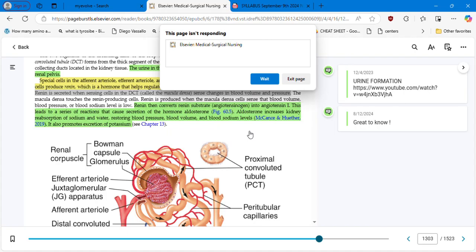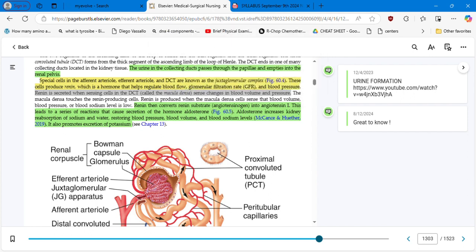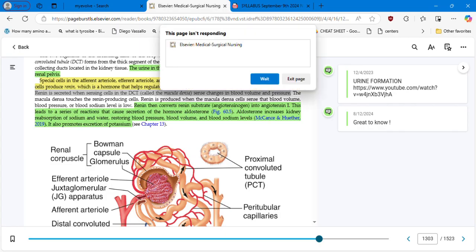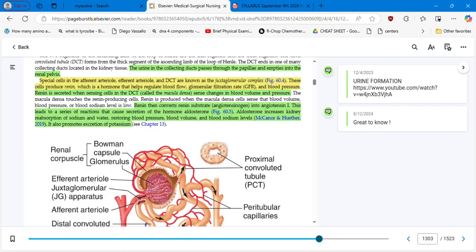This leads to a series of reactions that cause secretion of the hormone aldosterone. Aldosterone increases kidney reabsorption of sodium and water, because by reabsorbing sodium and water, the blood pressure and the circulation are going to increase, restoring blood pressure, blood volume, and blood sodium levels.